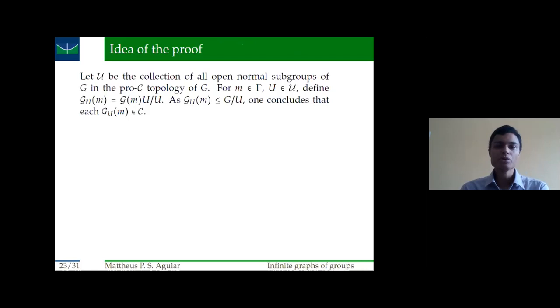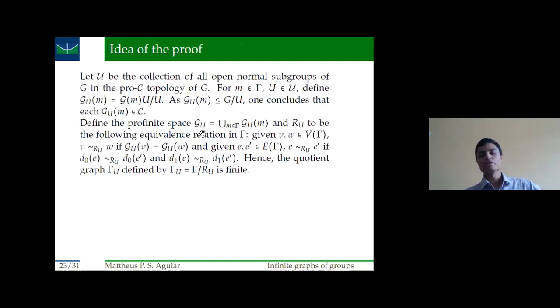So, the idea of the proof: we take U to be a collection of open normal subgroups in the Pro-C topology, we define G_U,M this way, and now we define an equivalence relation.